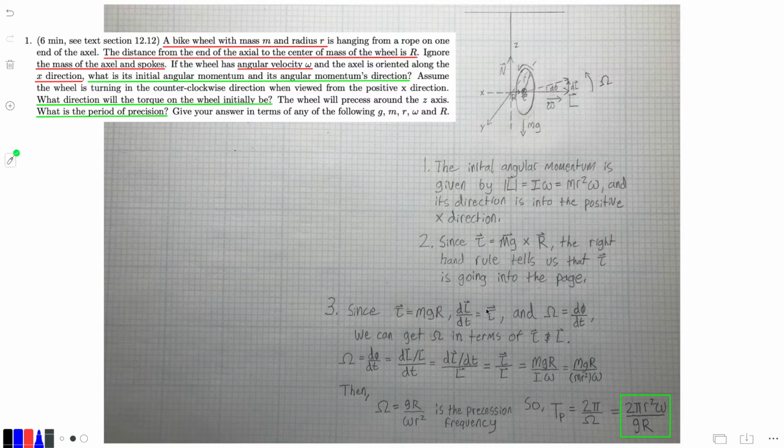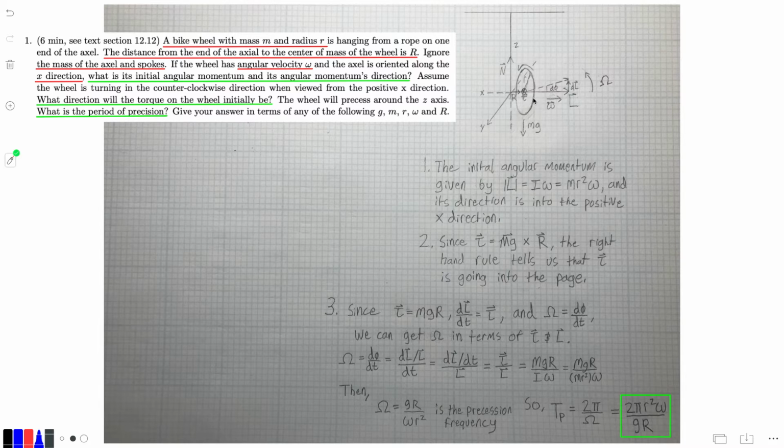I've labeled this vector here as dL, this is d phi right here, and here is uppercase omega, which is the symbol for precession frequency.